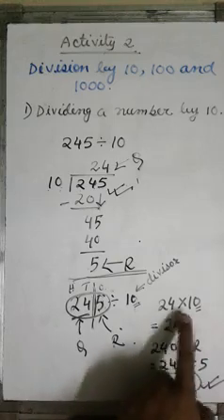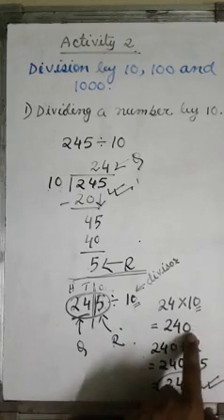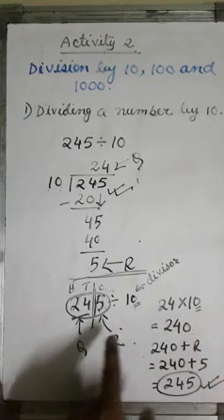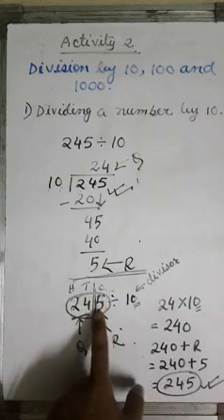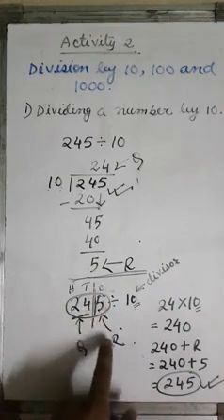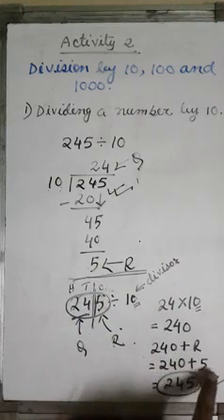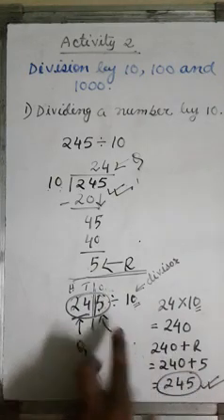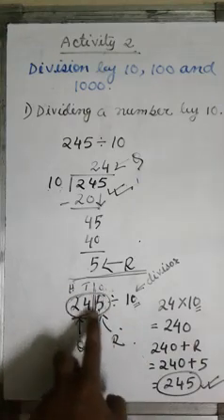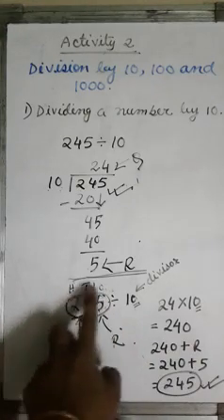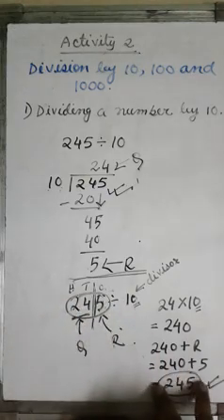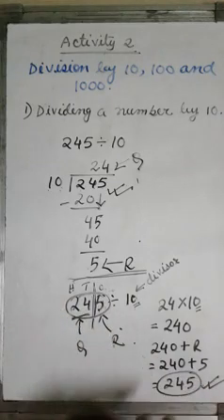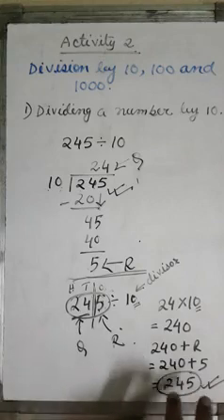So it is 24 into 10, it will become 240. 240 plus remainder, the ones place digit, that is 5. 240 plus 5 is 245. This 245 is nothing but the dividend. So these two numbers are equal, therefore division algorithm holds good for this also.